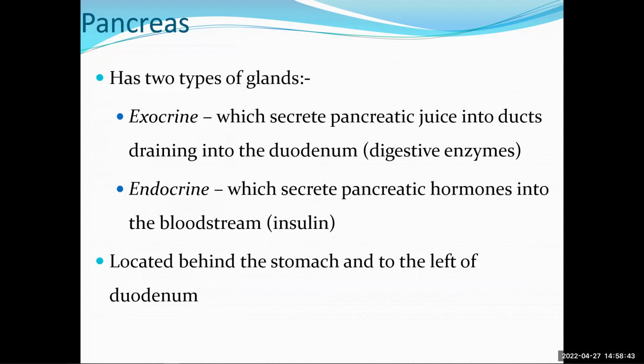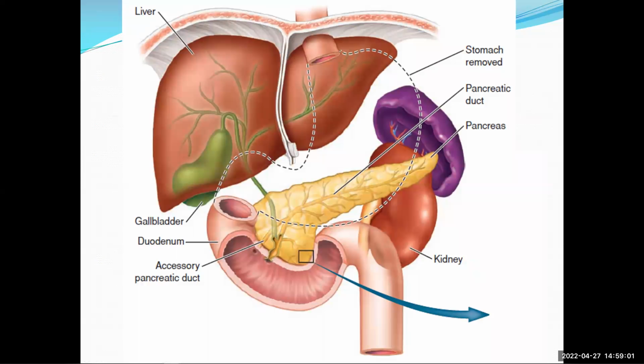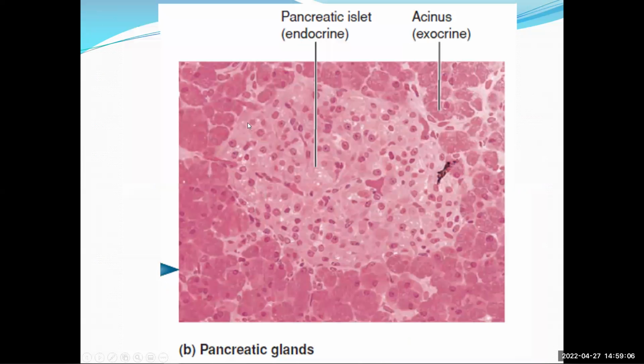The pancreas has two types of glands, the exocrine and the endocrine. The endocrine, we might be familiar with this one, secretes insulin, and the exocrine secretes pancreatic juice, which drains into the duodenum, and these contain digestive enzymes. Right, so this is the pancreas showing here. And when we think about the pancreas, we think about the islets of Langerhans, pancreatic islands.